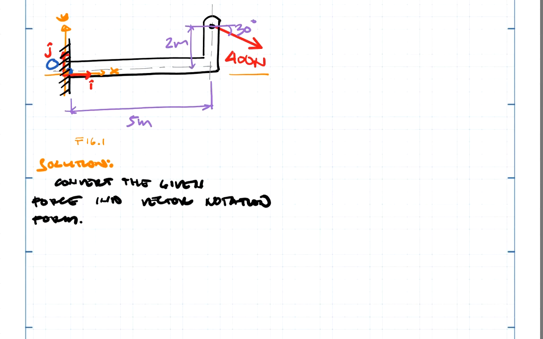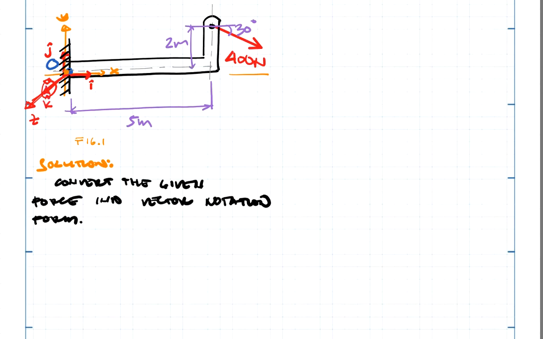Also recall that if we have these coordinates x and y, it is inevitable here for us to show that the moment this force creates is a rotation about the z-axis, so about the k component.